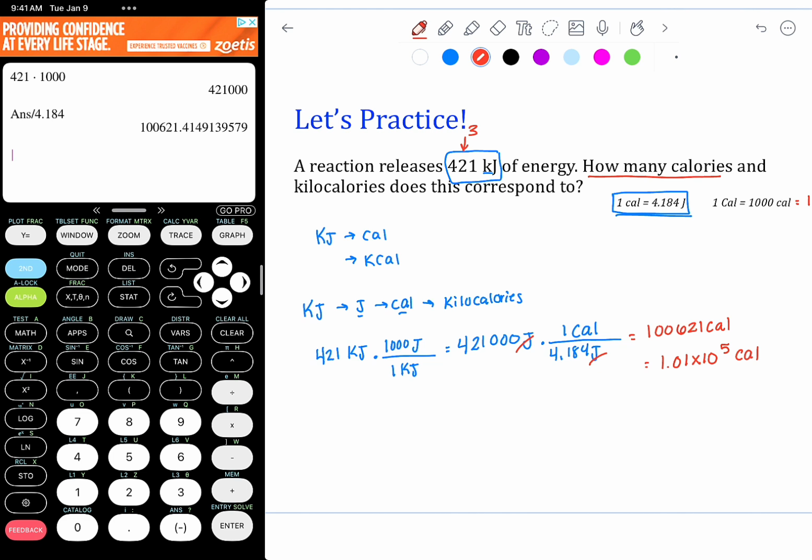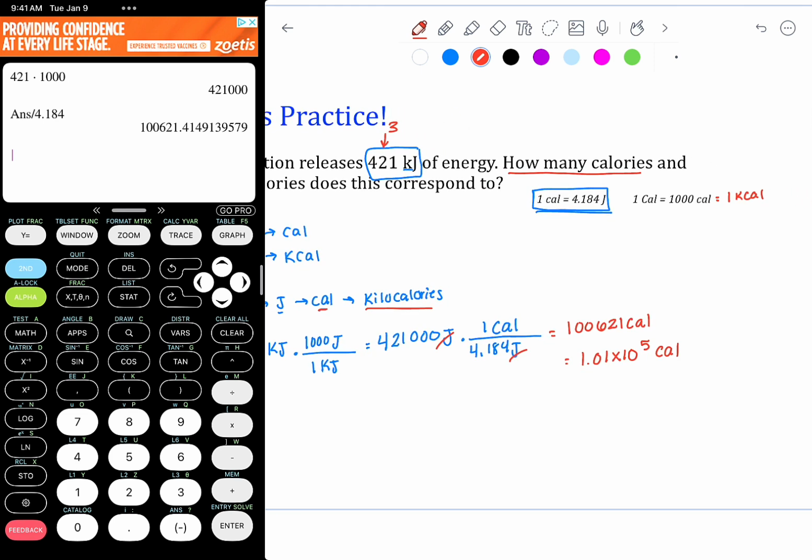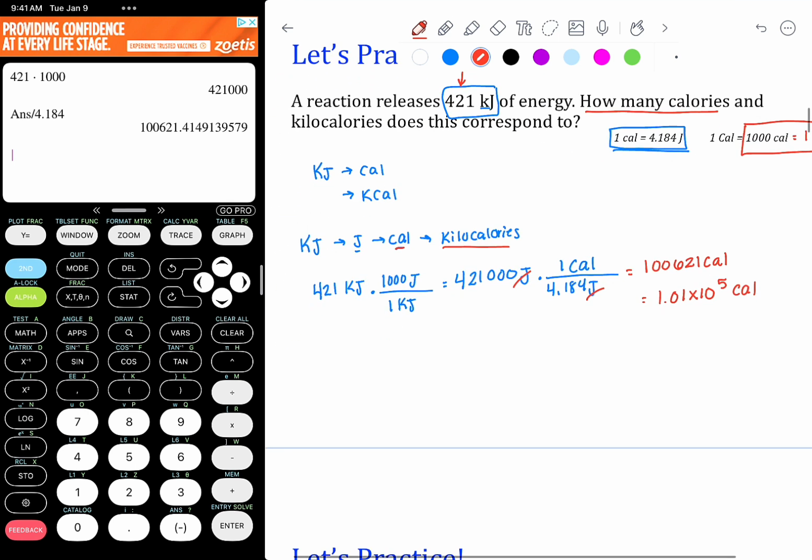Our next step after we get to calories is then convert to kilocalories. So we know that 1 kilocalorie has 1,000 calories. So we'll take that 100,621 calories, and we'll put the 1,000 on the bottom because that goes with the lowercase c calorie. And we'll put 1 kilocalorie on the top.